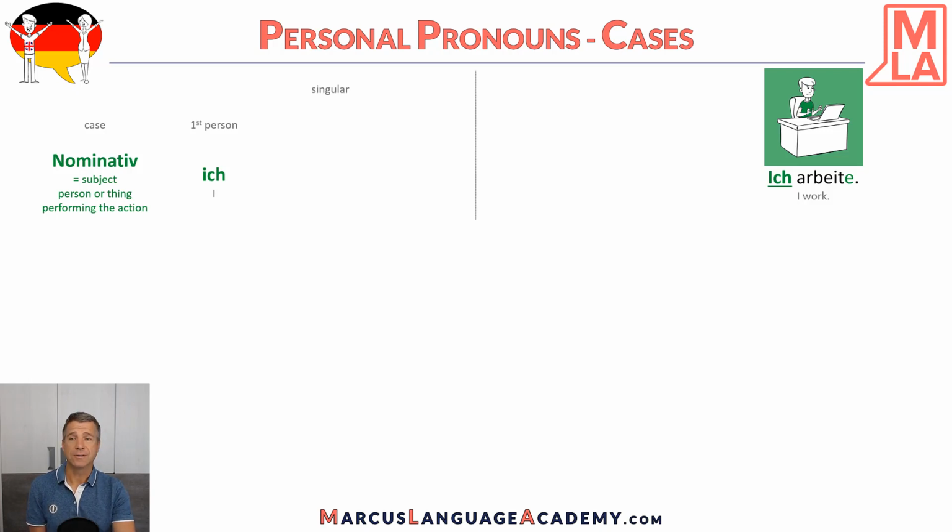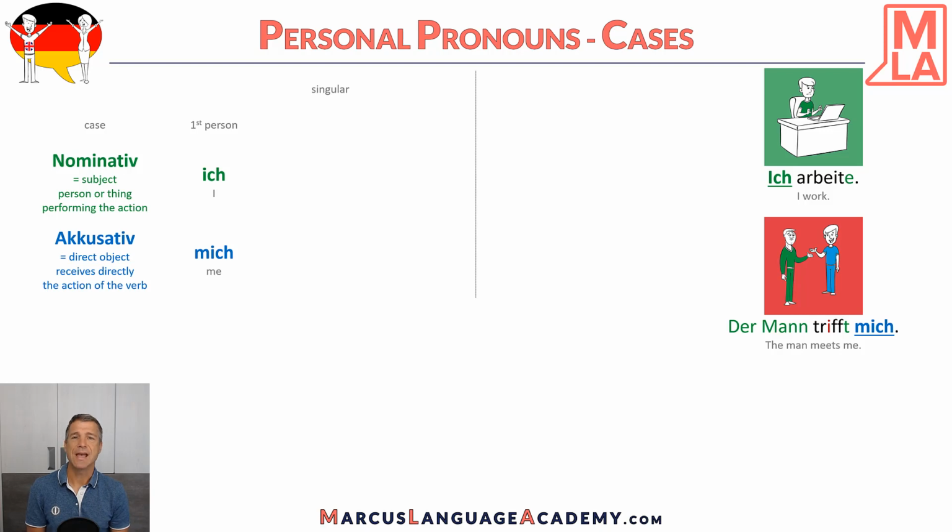So how does it change when we have the personal pronoun in first person in accusative? Remember, accusative is the direct object. So it receives directly the action of the verb. Mich, it's me. And let's see an example here as well. Der Mann trifft mich. The man meets me.